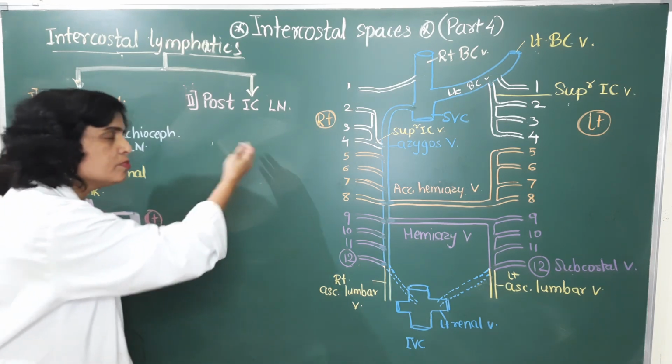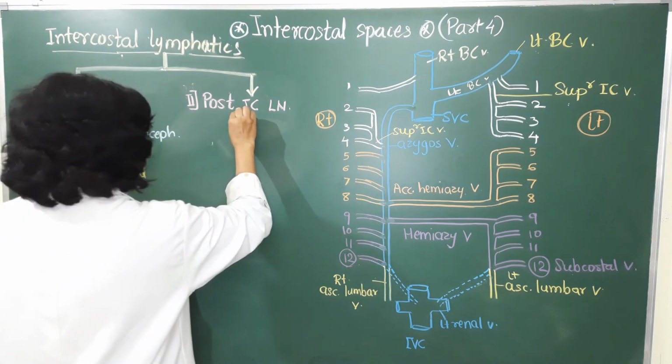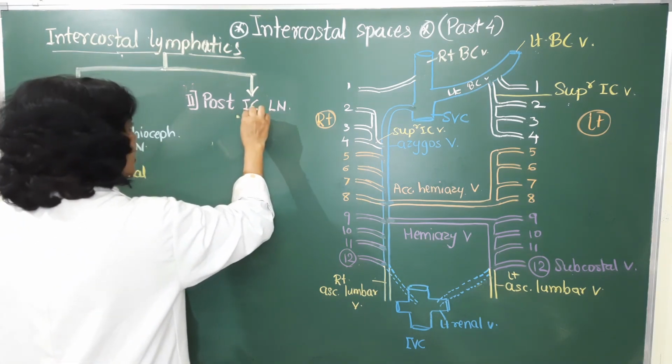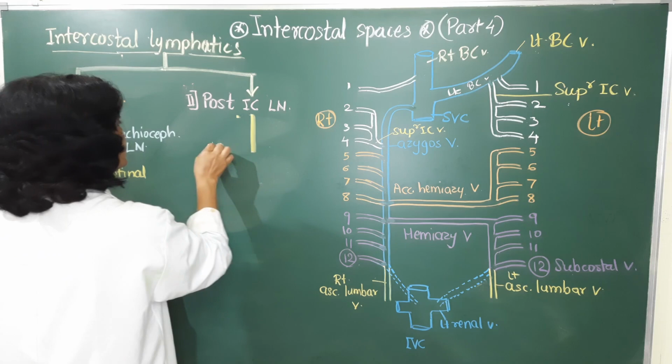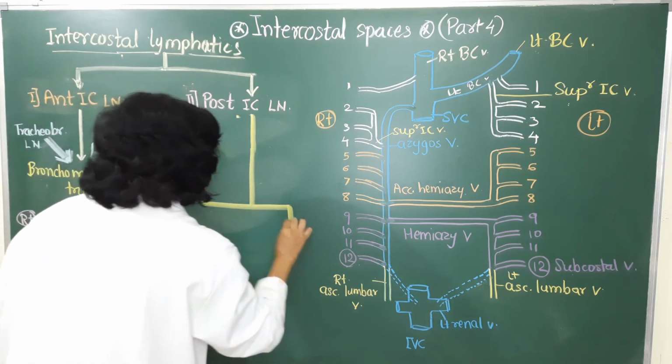Now what happens to the posterior intercostal lymph nodes? The efferents coming from the posterior intercostal lymph nodes are again divided into two sets.